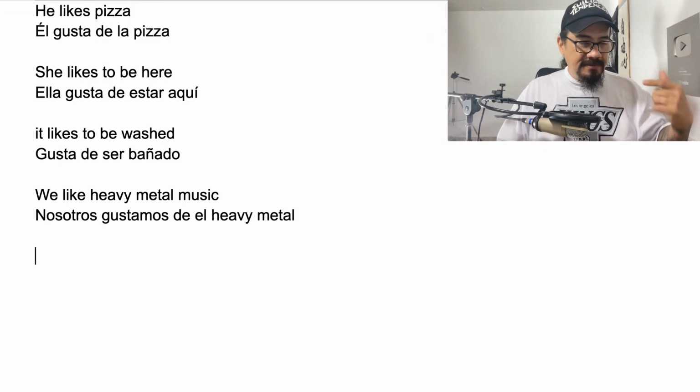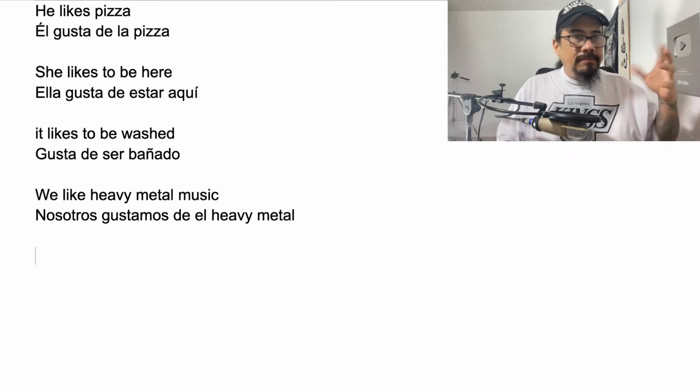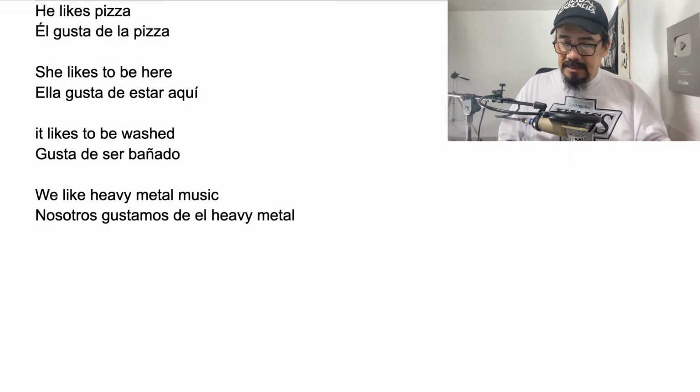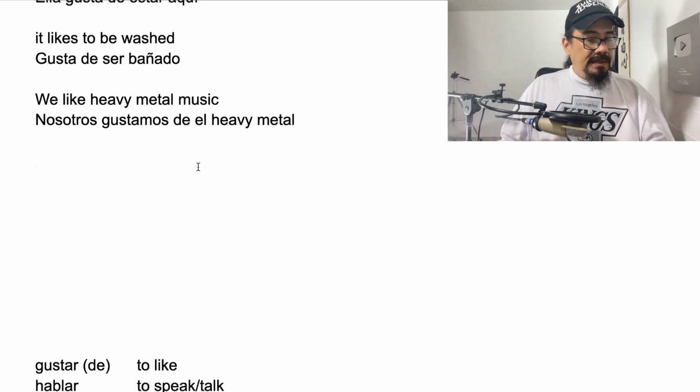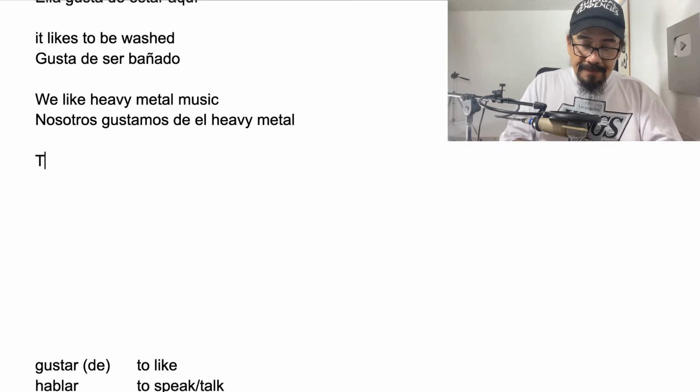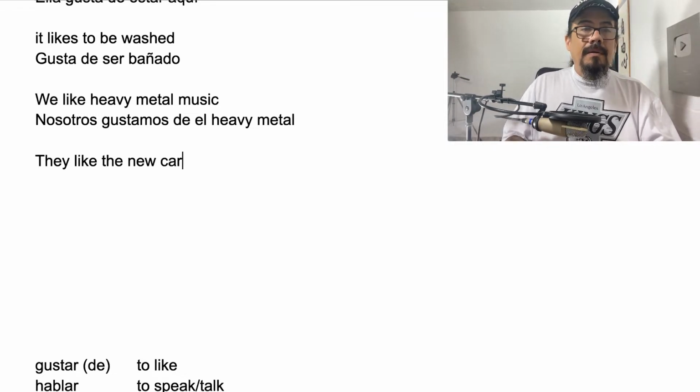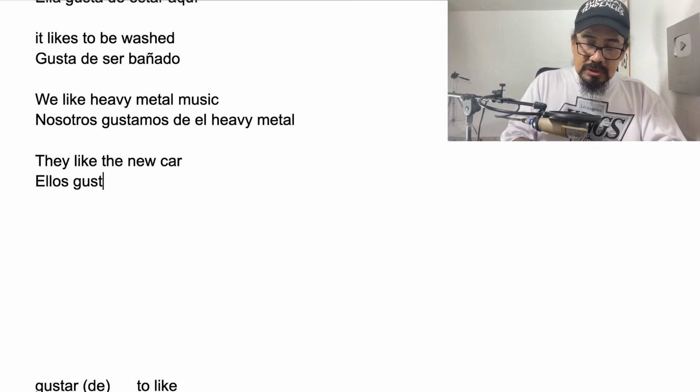This is not heavy metal. This is more hardcore, punk, thrash, depending on the time and music. Anyways, and they like the new car: ellos gustan del nuevo carro.